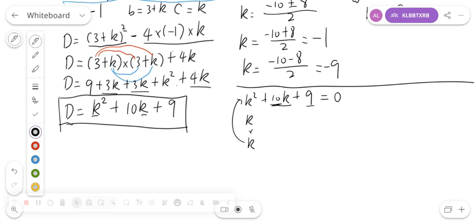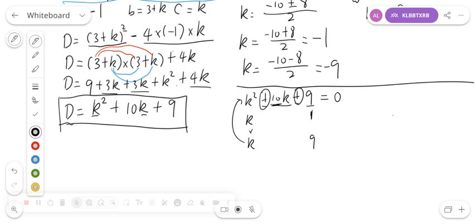Obviously, I couldn't really make a number 10 out of two of the 3's because 3 plus 3 gives me 6. So the only way I can use is 1 and 9. And also because everything we have here is an addition, I don't need to worry about negative or positive or how to calculate that.